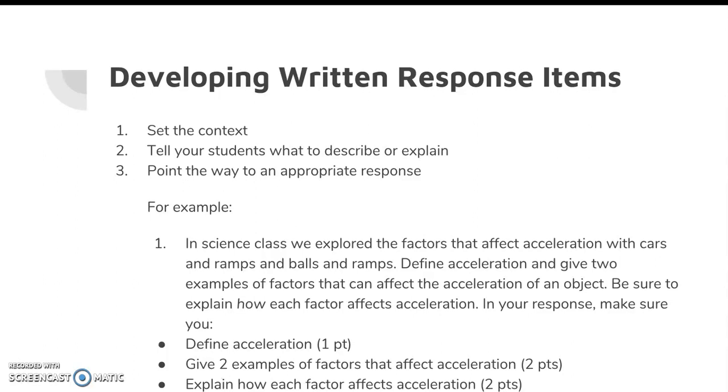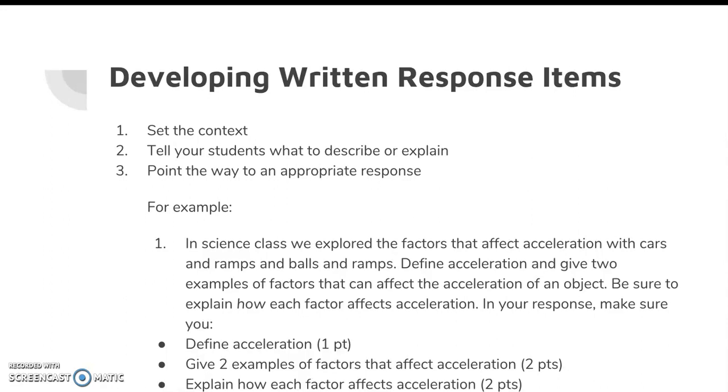When developing written response items, the authors recommend that you set the context, be very clear with students as to what they're going to describe or explain, and then point the way to an appropriate response.